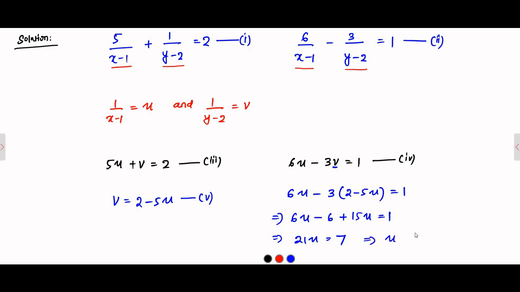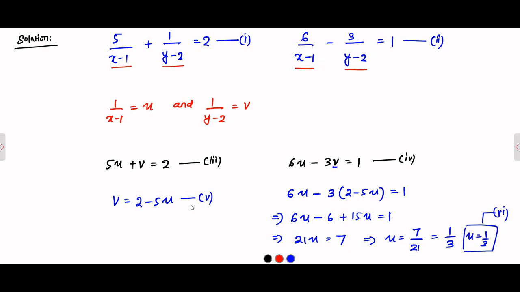That implies u is equal to 7 by 21, which is equal to 1 by 3. So u is equal to 1 by 3. This is equation 6.